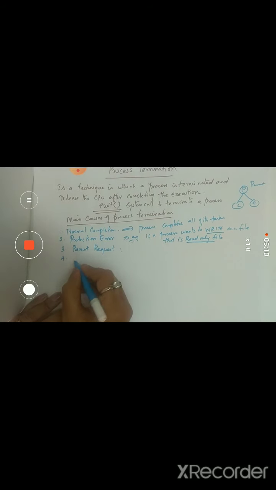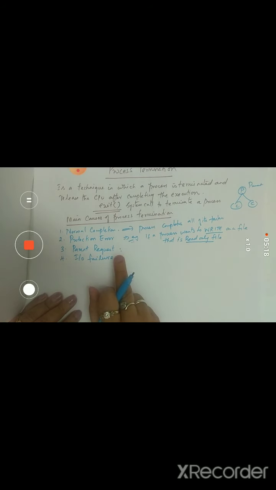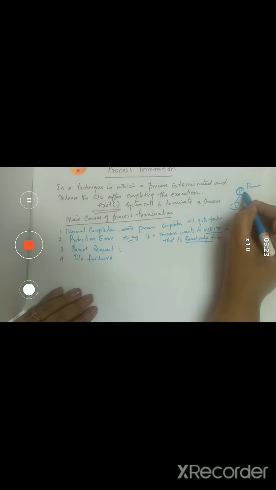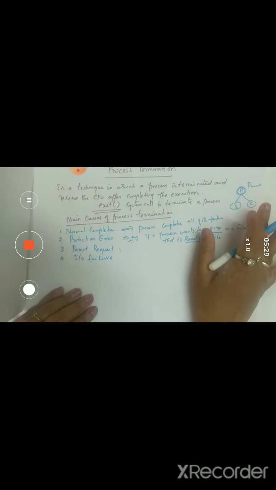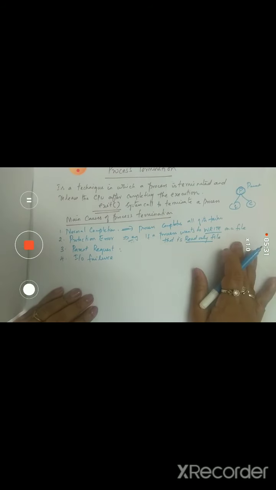The next one is IO failure. When a process attempts to use an IO device and the IO device is not working at that particular moment.